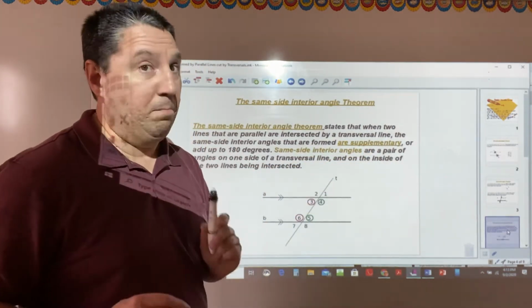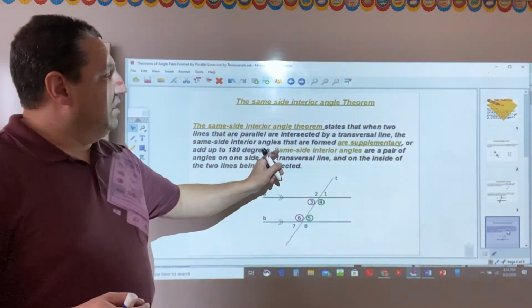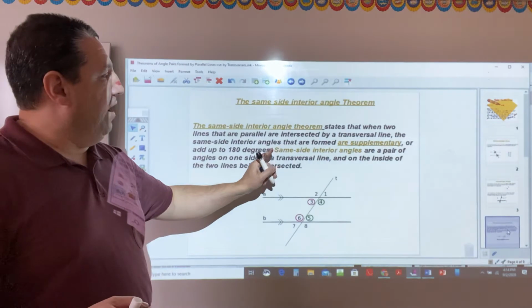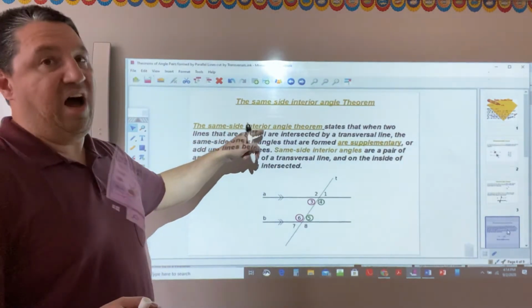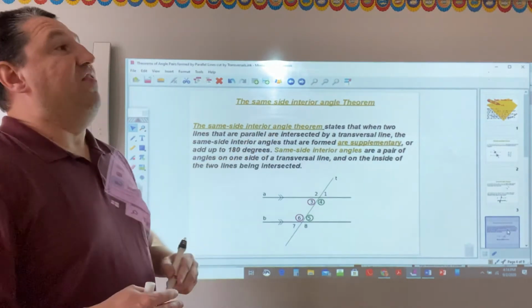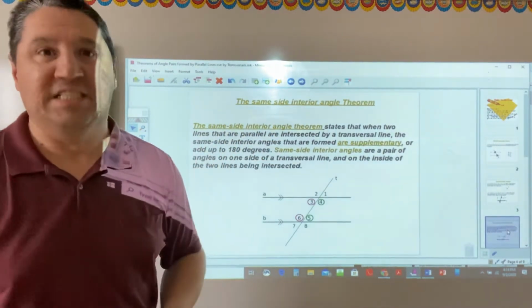Not congruent, but supplementary. And also, if a transversal cuts two parallel lines, the same side exterior angles are also supplementary.